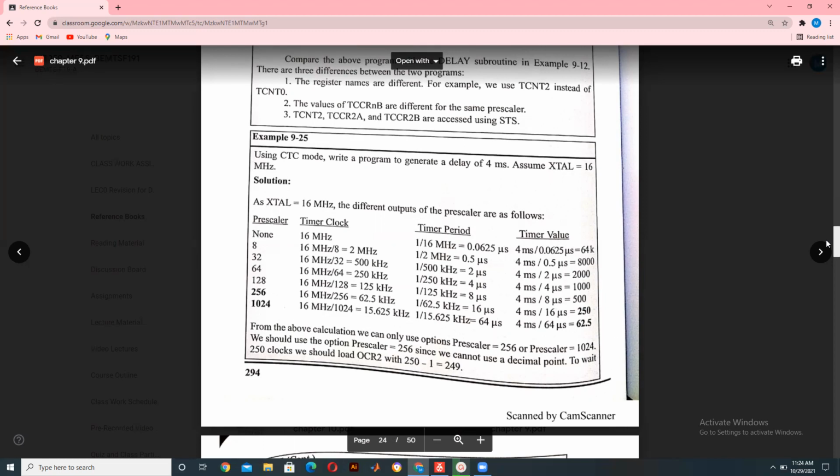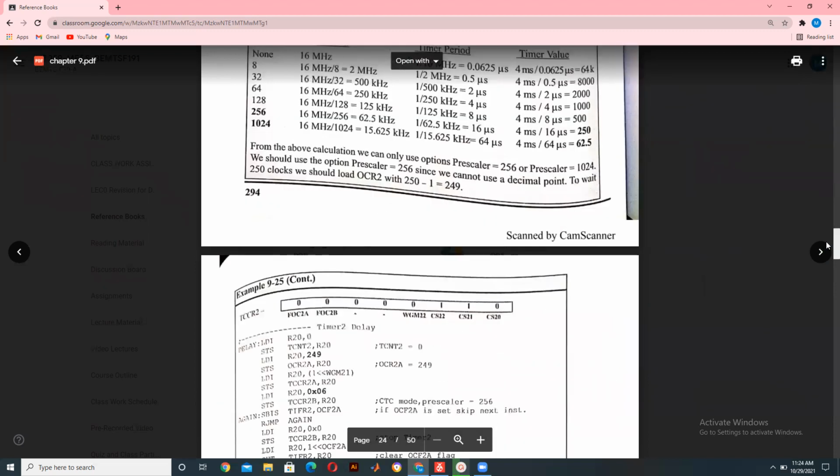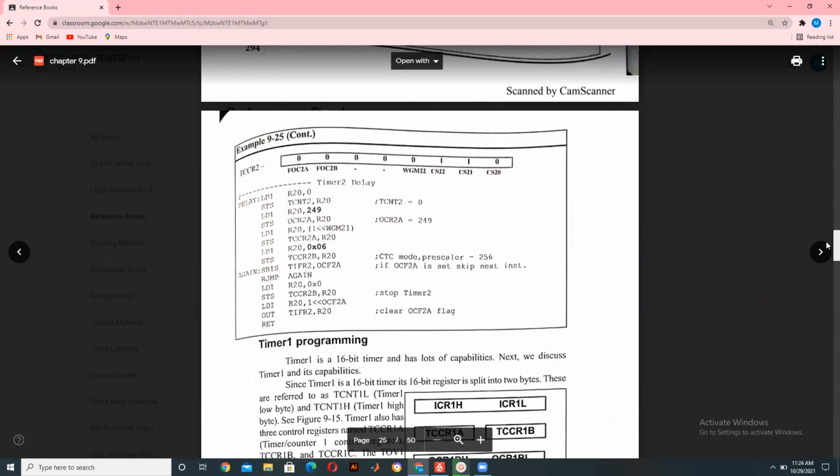So 250 minus 1 is the value of OCR2, that is 249. Then we have done this in 6 cycles, and we would simply change the values of TCNT2 to 249 and 0, and 006 at the required places.